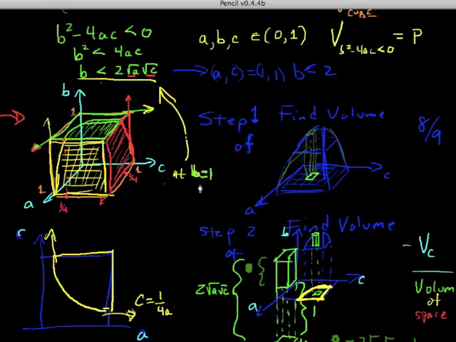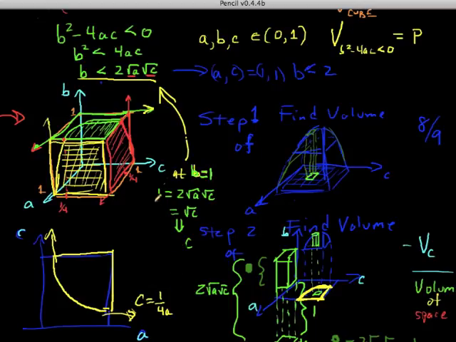At b equals 1, 1 is equal to what's the curve? 2 root a root c, and solving this for c we get root c is equal to 1 over 2 root a, and that's the same as c is equal to 1 over 4a, which is what we have right there. Okay, so in a nutshell, that's what we were going for.